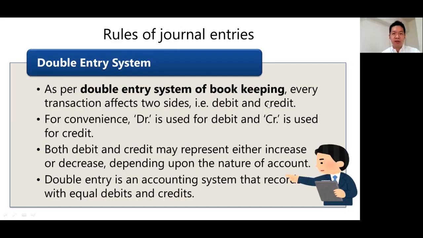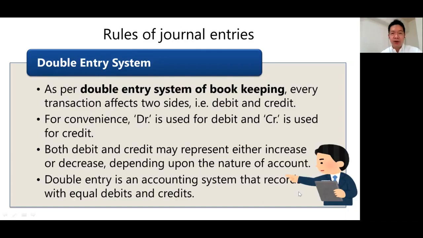For example, when the sales is recorded, which side, debit or credit, do you record? It's in the credit side. And when you record the expense, debit or credit, which side do you record? It's debit side, right? So for each account, the debit side and the credit side, the nature of the recording is decided.